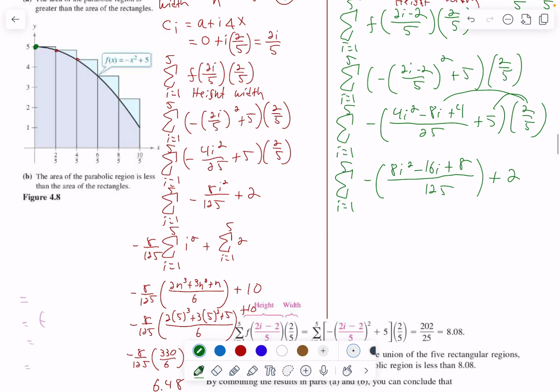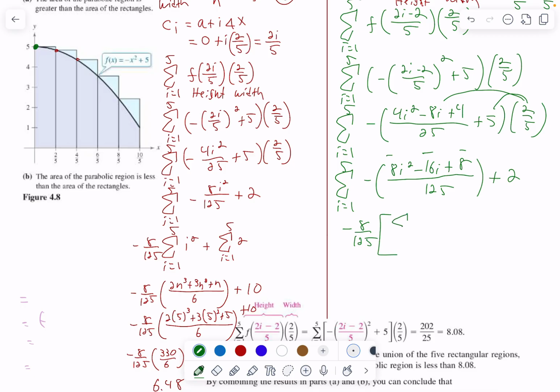Okay, so what I'm going to do now is, when you're doing summations and sums, you factor out constants when you can, all right? So if you notice, there's multiples of 8 on top, okay, and a 125 on the bottom. So I'm actually going to factor out negative 8 over 125. And I'm going to write this as some different sums right here.